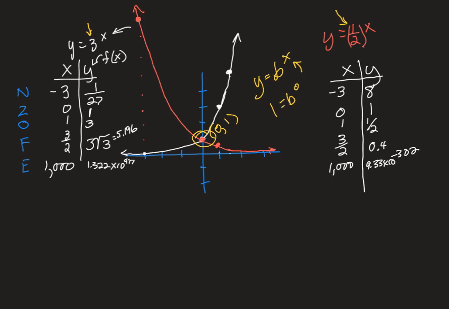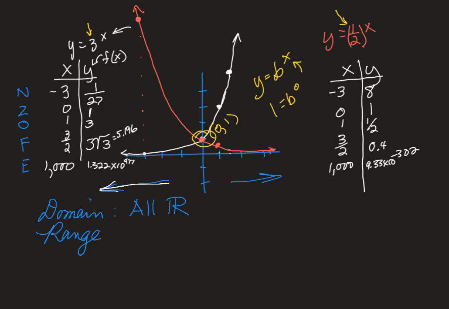And just as a review, let's do the domain and the range of, well, both of these actually. The domain will be all real numbers. It goes infinitely to the left and infinitely to the right.